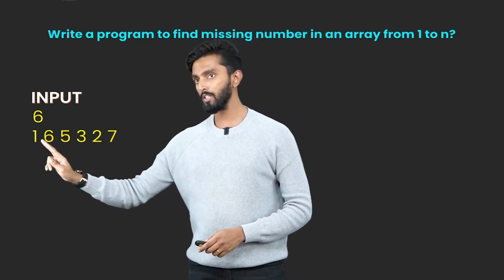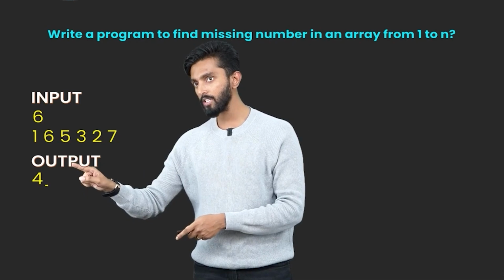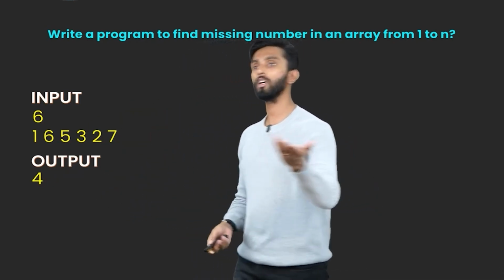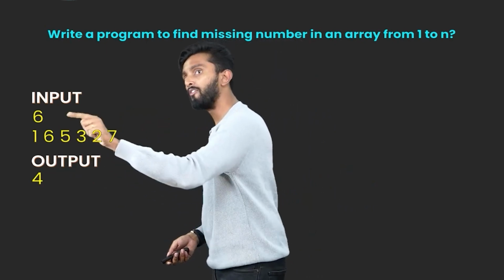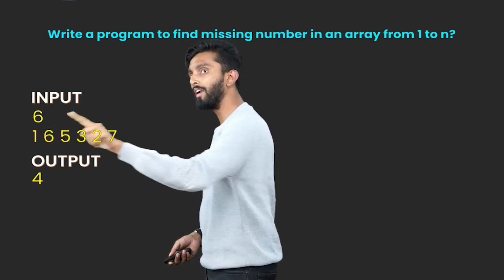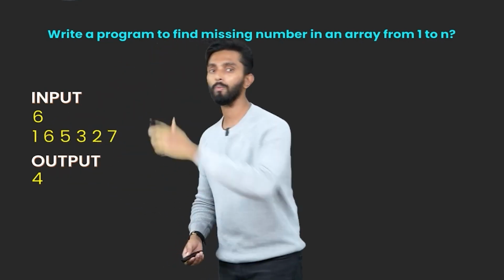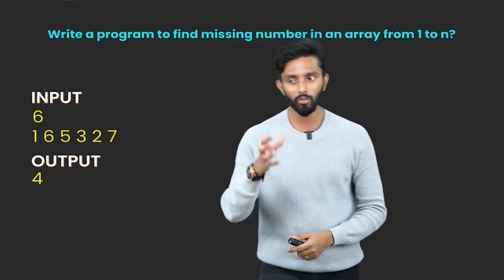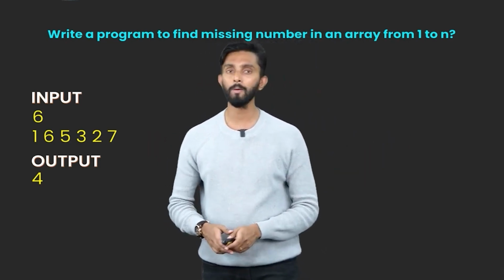The output that you should generate, in this case, has to be 4. Why 4, sir? Because you see 1 is there, 2 is there, 3 is there, 5 is there, 6 is there, 7 is there. So, between 1 to 7, all numbers are there except for one, which is 4. Understood? So, you have to print the missing number. Did everybody understand the question till here?